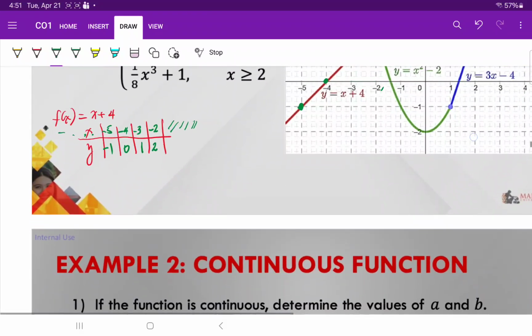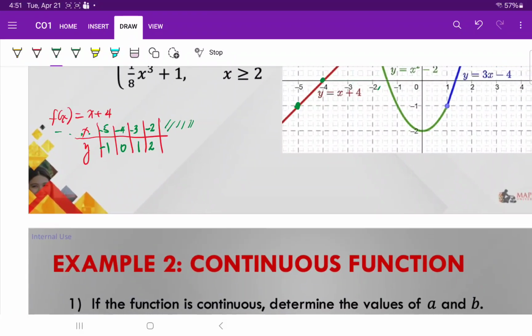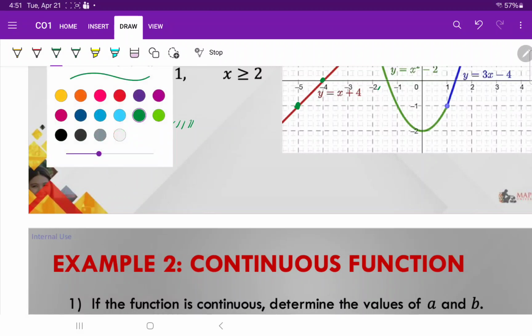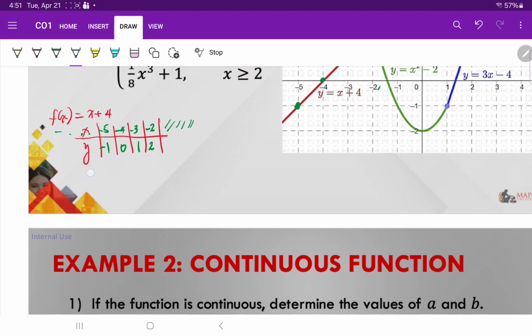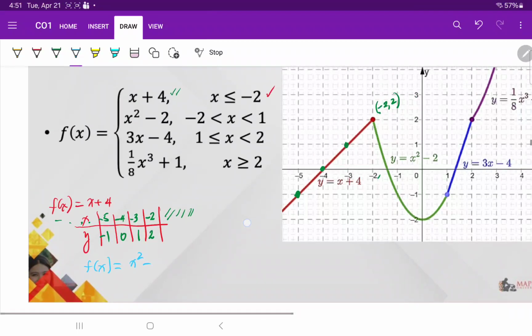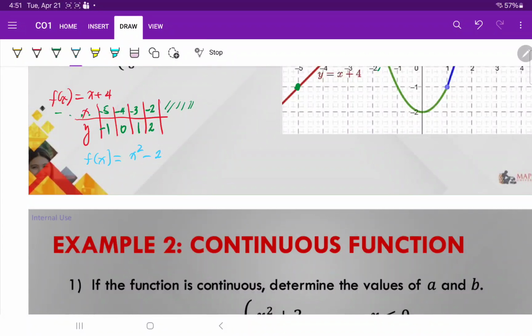Okay? So let's have, when f of x, let's use a different color for this one, when f of x is equal to x squared minus 2. Now you know that we could write this as y is x squared minus 2.